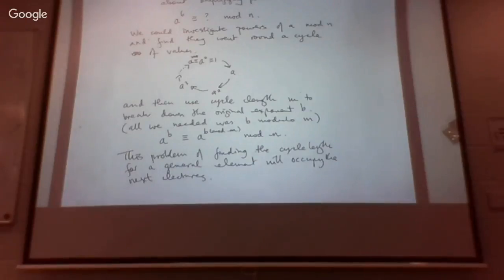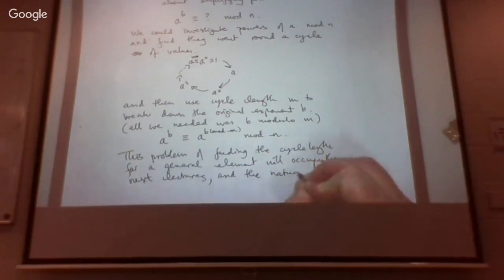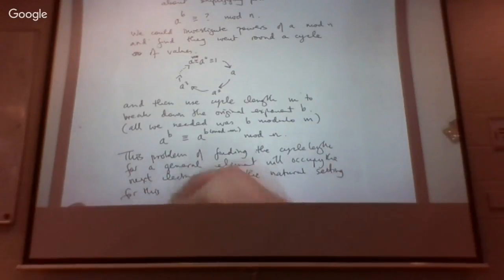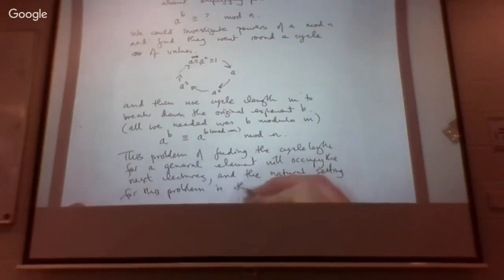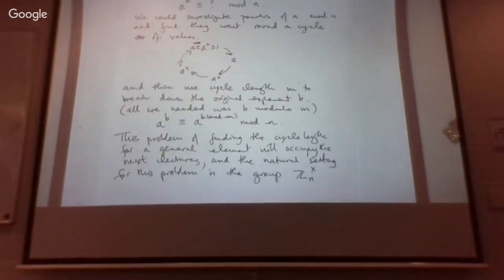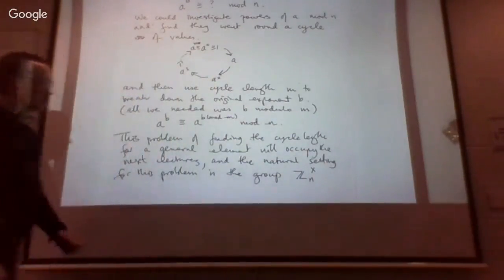And there's a problem or two in the coursework that is based on it. And the natural setting for this problem is the group, is the multiplicative group of the reduced residue system of congruence classes modulo n, chucking out all the ones that are not coprime to n.